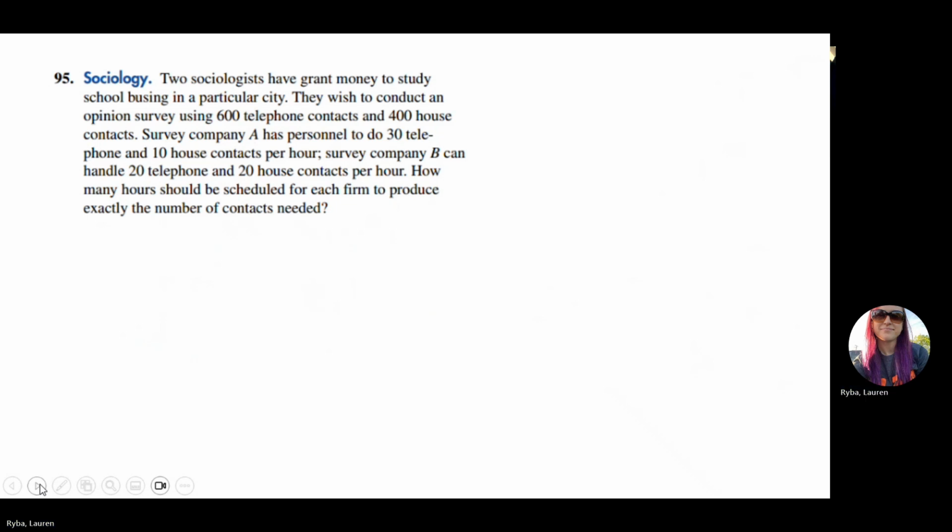All right, so I'm going to show you what happens if you set up the initial table the wrong way. There's really no wrong way. It's just not set up to be matrix form right away. So I'm reading this sentence as survey A. So company A can do 30 telephone and 10 house.